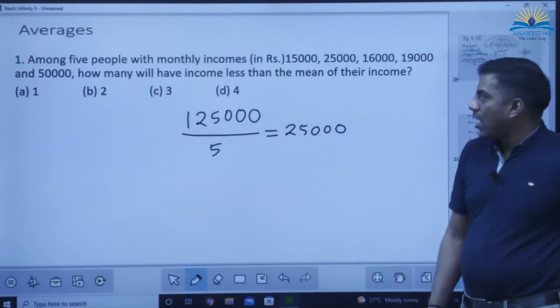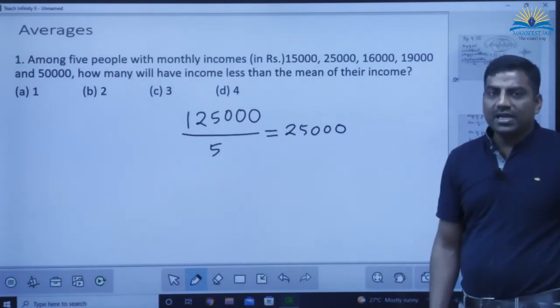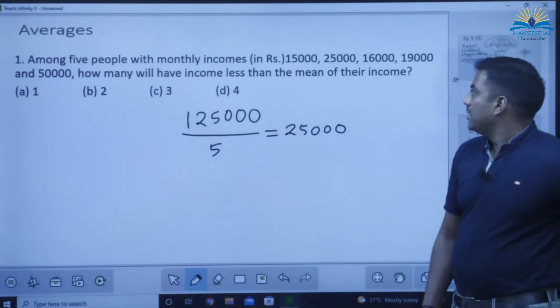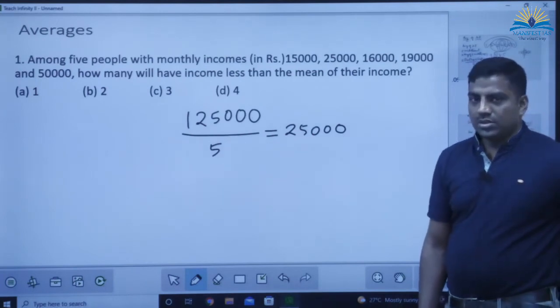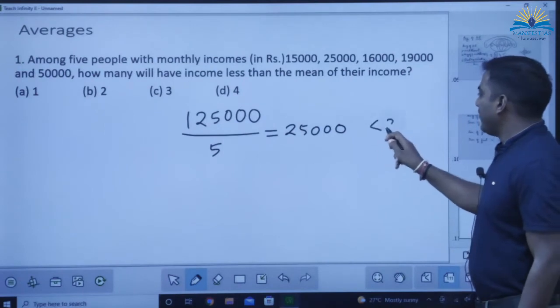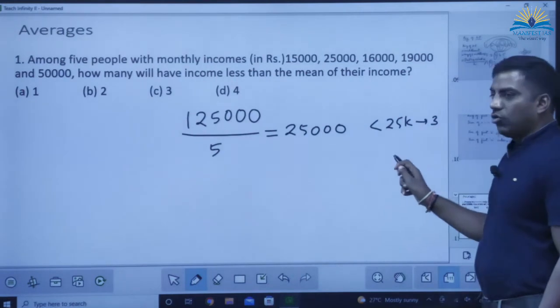How many will have income less than the mean of their income? That means income less than 25,000. How many of them? 3 of them: 15, 16 and 19.